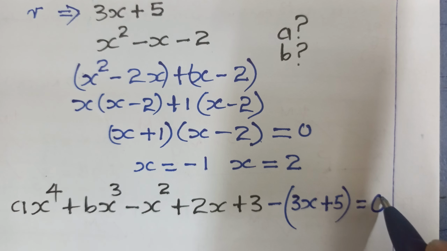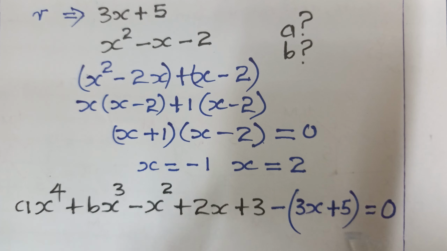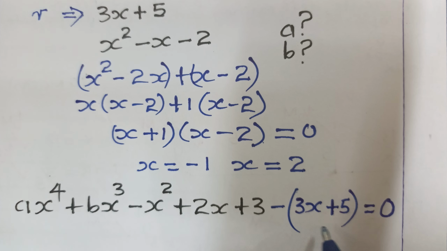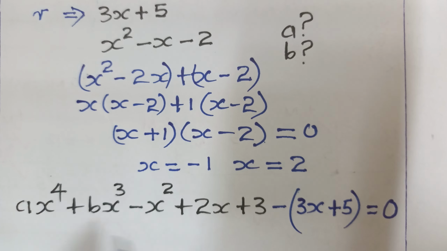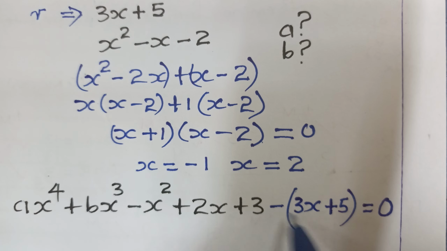Whatever value of x we put here should give us 0. Remember, the remainder is what remains after division, so to make the polynomial divisible, I have to subtract 3x + 5.